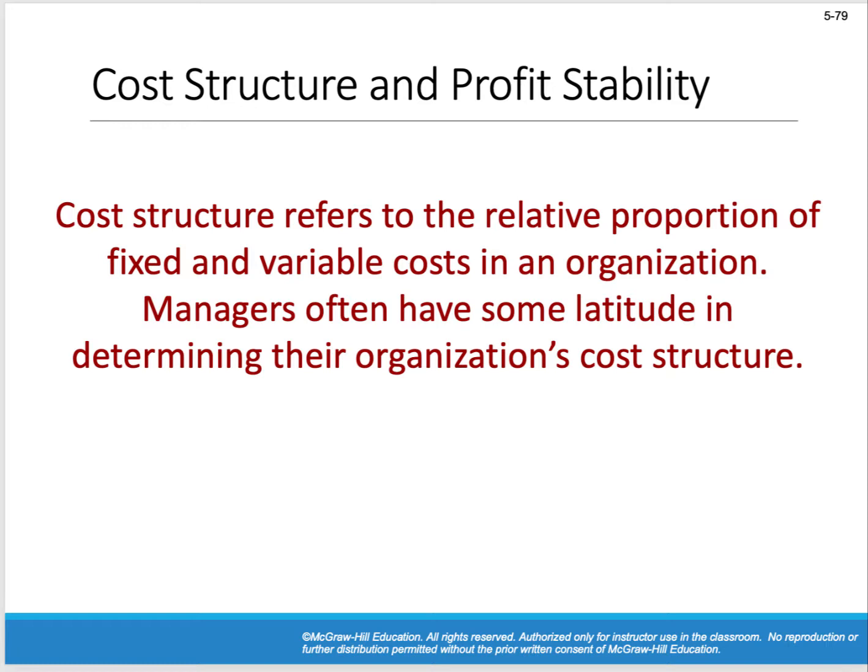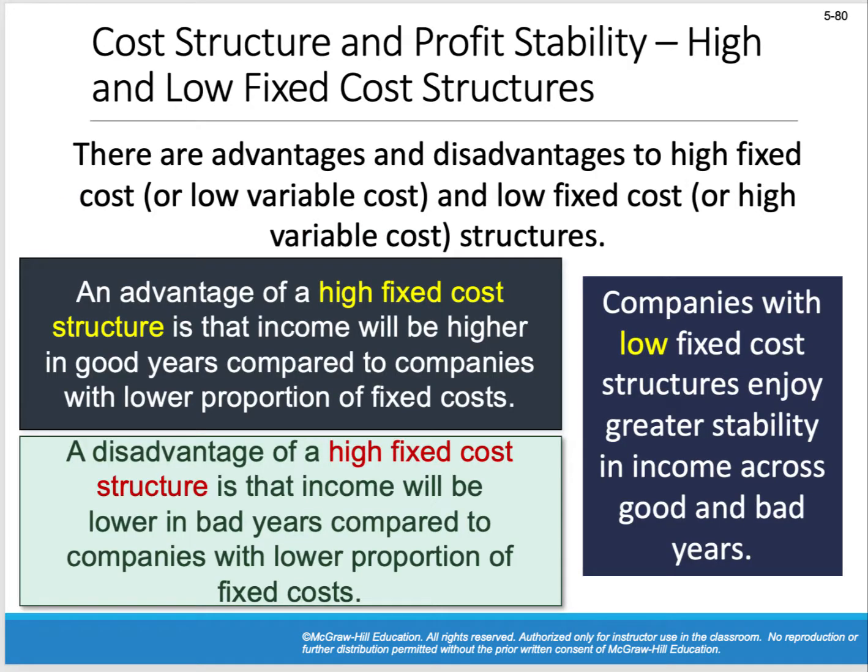Now, managers often have some latitude in determining their organization's cost structure. So it's important that we understand the advantages and disadvantages of the various proportions of variable to fixed expenses that we maybe choose to have or that we actually incur.